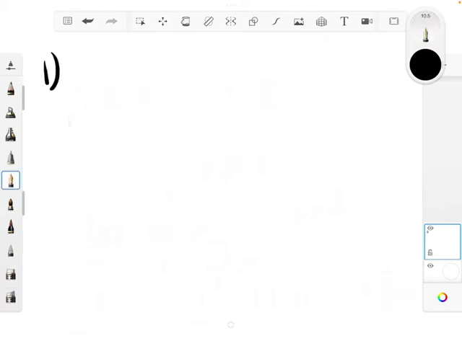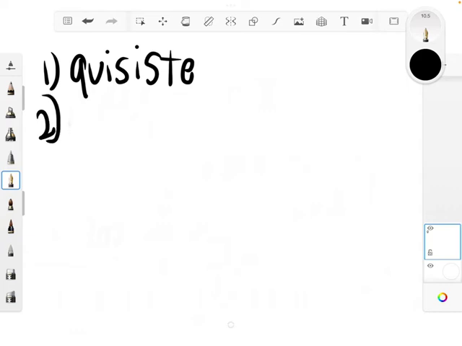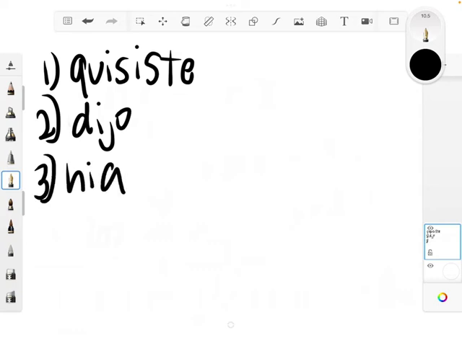Número 1, tú quisiste. Dos, usted dijo. 3, nosotras hicimos. 4, yo traje.